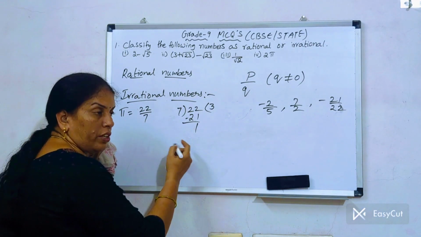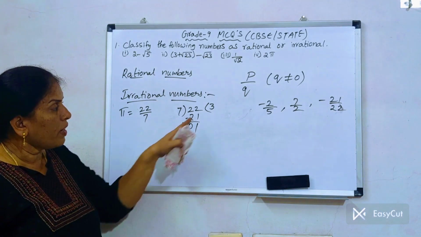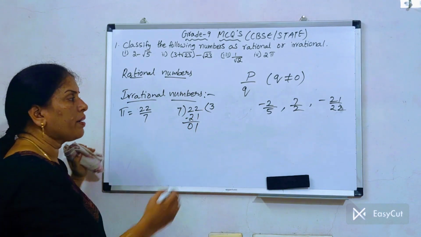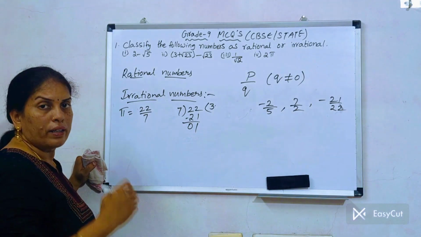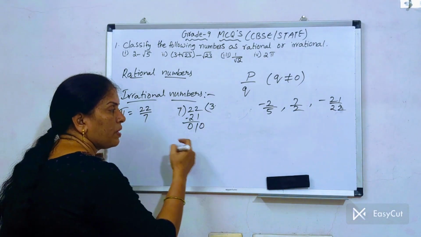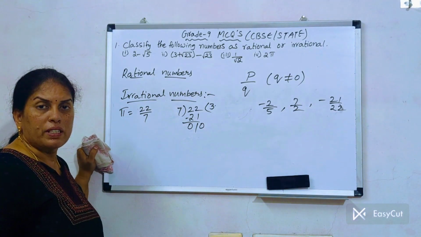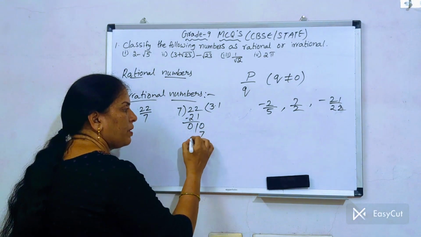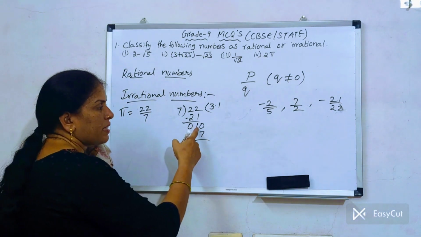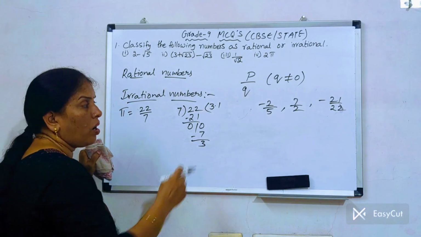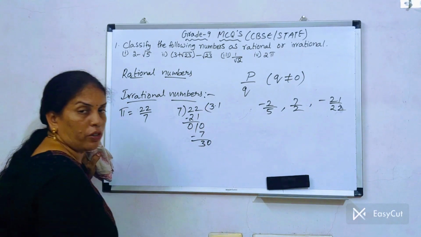Now take a decimal point and take 10. 7 ones are 7. 10 minus 7 is 3. Already the point is there, take 10.